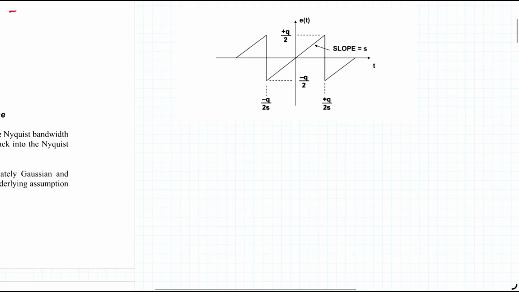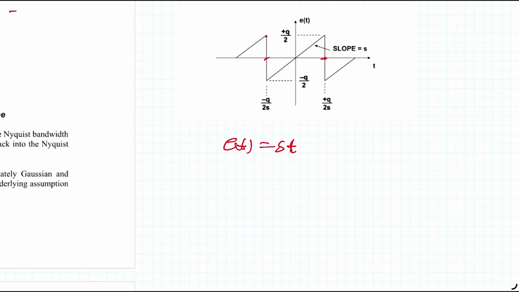What we want to know is the RMS value of this triangular wave, and we just look at one period from here to here. We know this line is e(t) = s·t, a linear equation with slope s, where t is time.